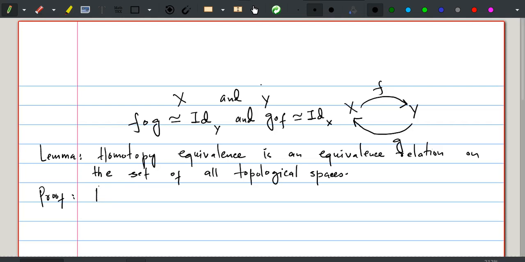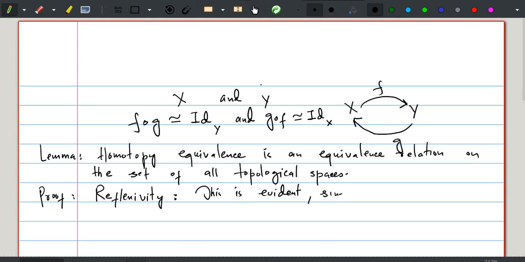Reflexivity. Reflexivity is evident since every topological space is equivalent to itself.